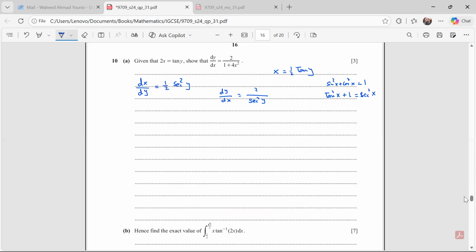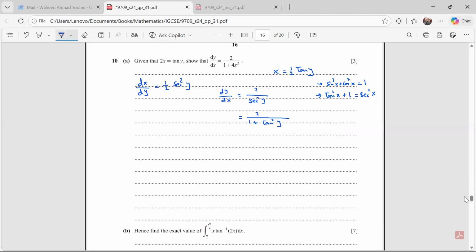You should memorize this: tangent square plus 1 is equal to secant square x. So secant square y can be replaced by 1 plus tangent square y.